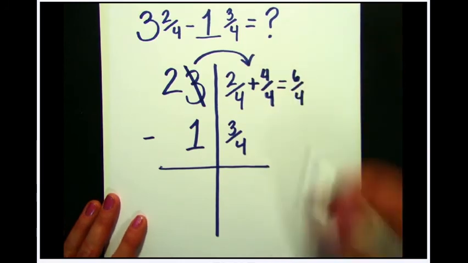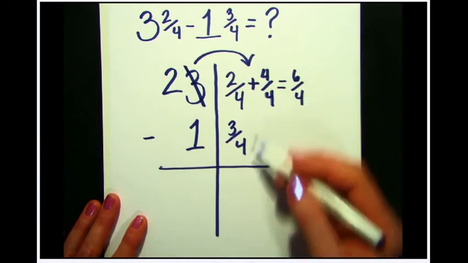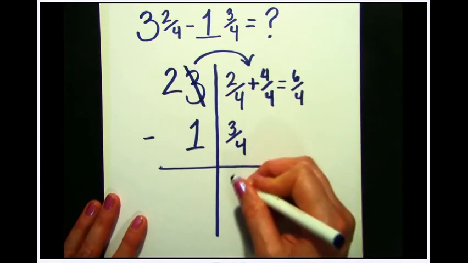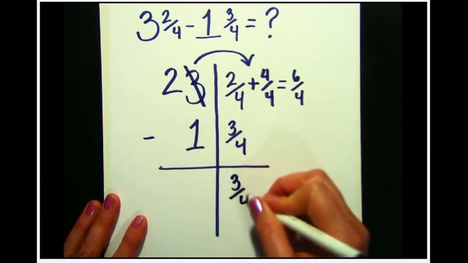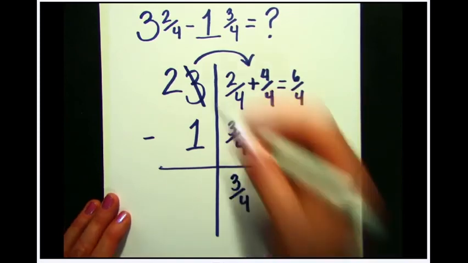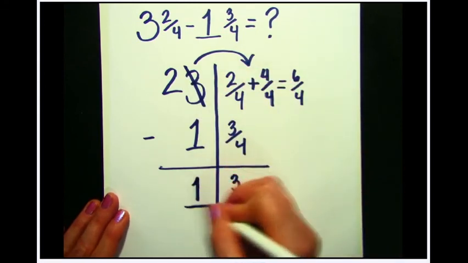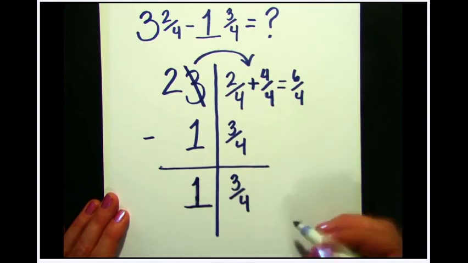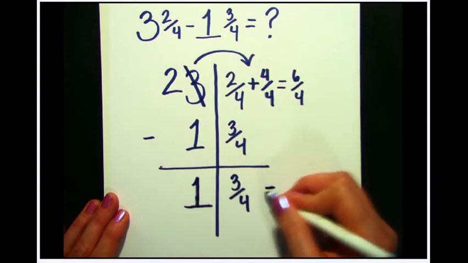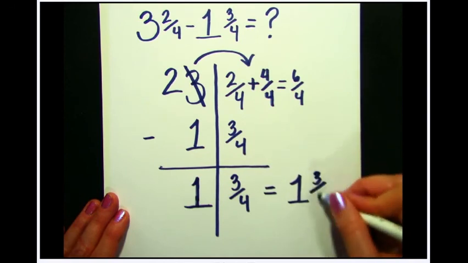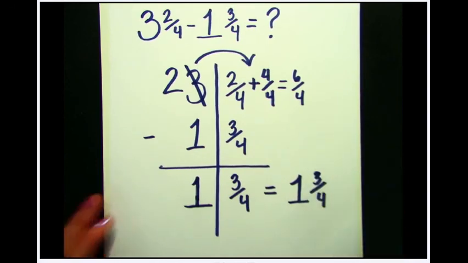Okay, now I think I can subtract 3 from 6, and that gets me 3/4. And now I can subtract the 1 from the 2, then that gives me 1. And so I do again get my answer of 1 and 3/4. This time it wasn't so fast.